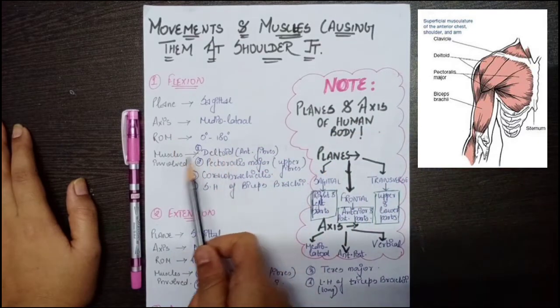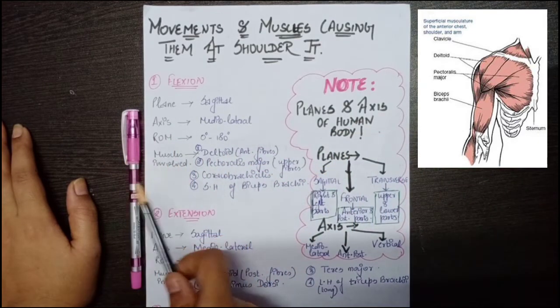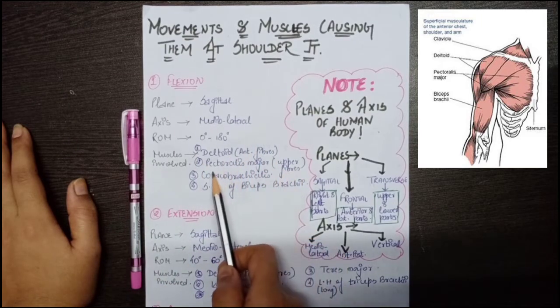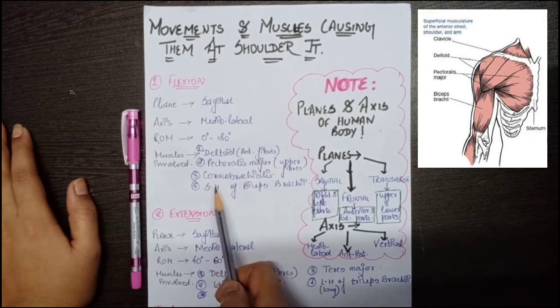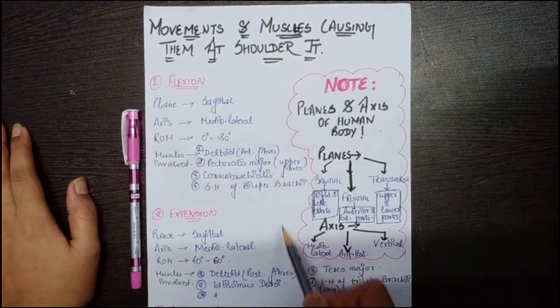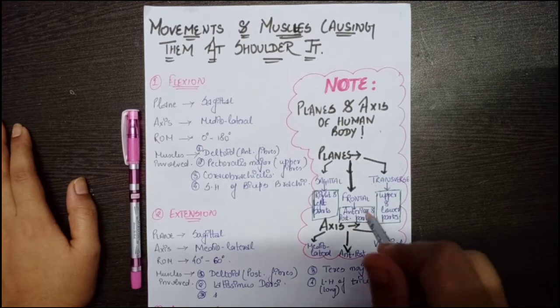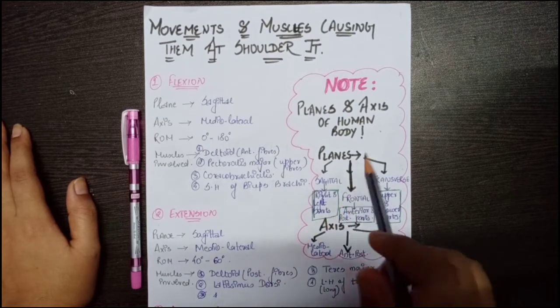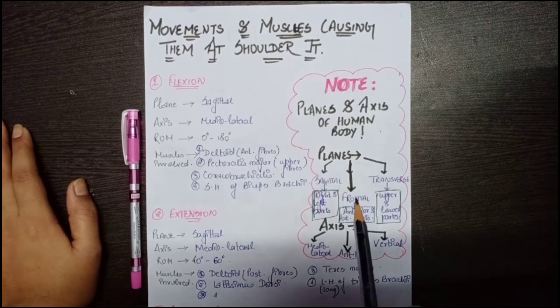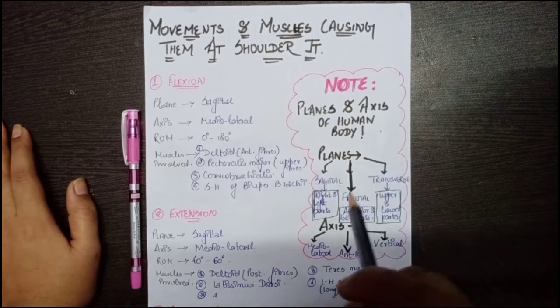So, in flexion, the muscles involved would be anterior fibers of deltoid, upper fibers of pectoralis major, coracobrachialis, and the short head of biceps brachii. I have also given a little bit of summary of axis and planes here, but if you want to go through it thoroughly, what are the planes and axis of the human body and how movement occurs in the planes, you can go through the video which I would be linking in my description.